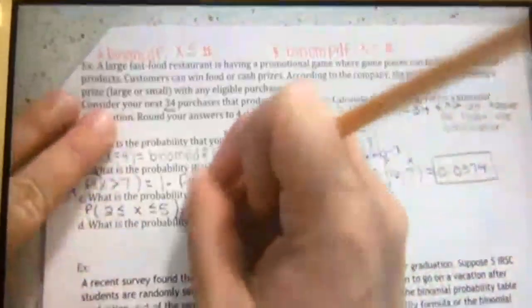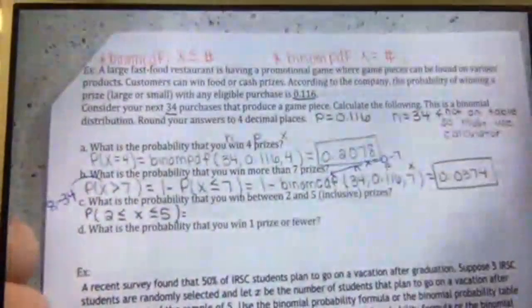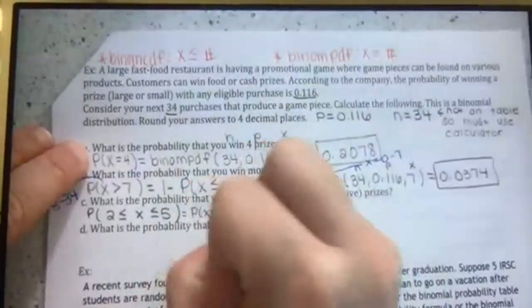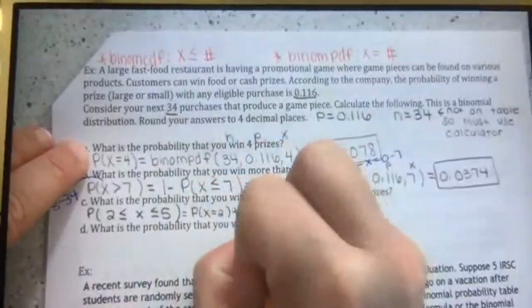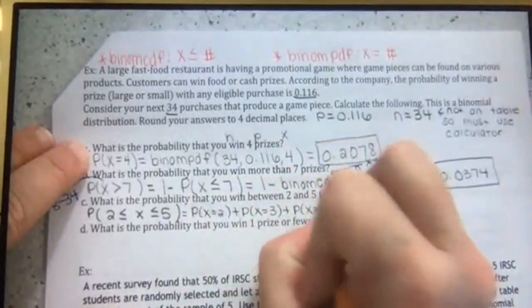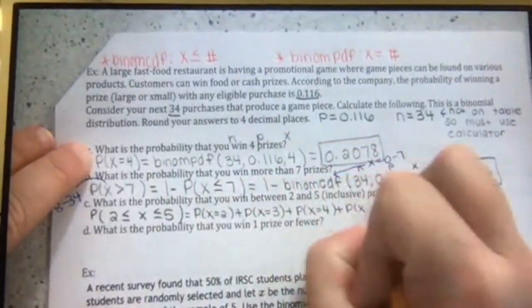Probability when x is 2 plus probability when x is 3 plus probability when x is 4 plus the probability when x is 5.